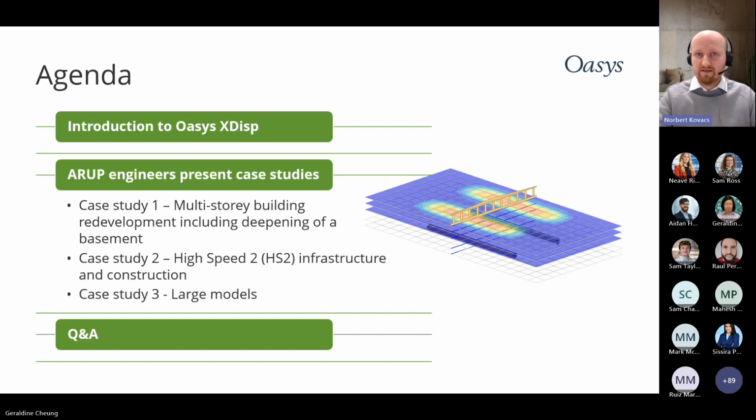The first case study is going to be presented by Sam on multi-storey building redevelopment, including deepening of the basement, followed by Geraldine on the topic of high-speed rail infrastructure and construction. And then finally, Aidan is going to wrap up on large models. And then, as I mentioned, we're going to have the Q&A. And with that, I am going to hand over to Cecília to start off with the introduction to Oasys XDisp.